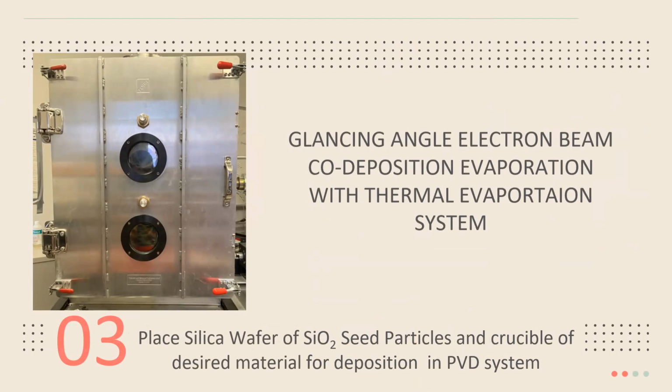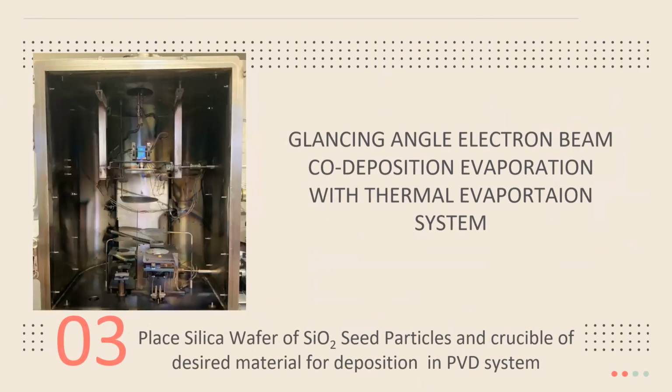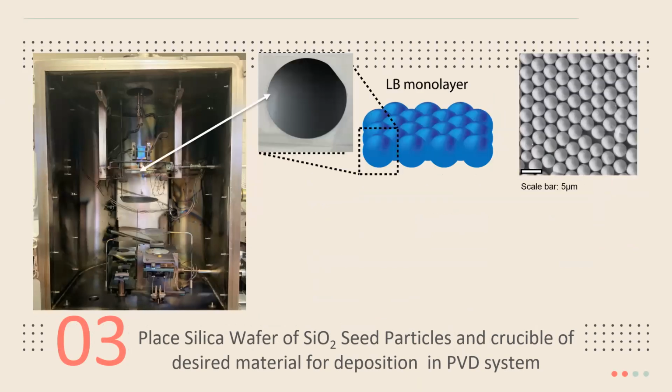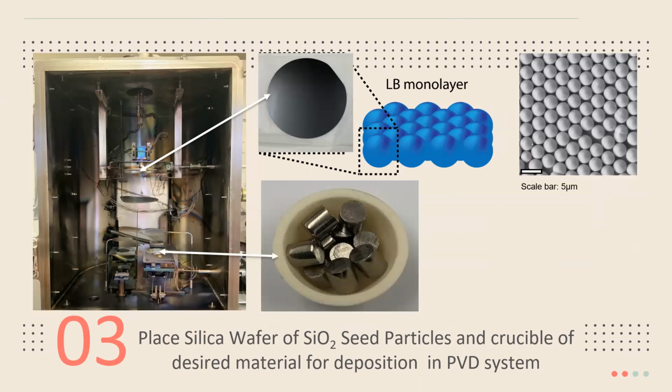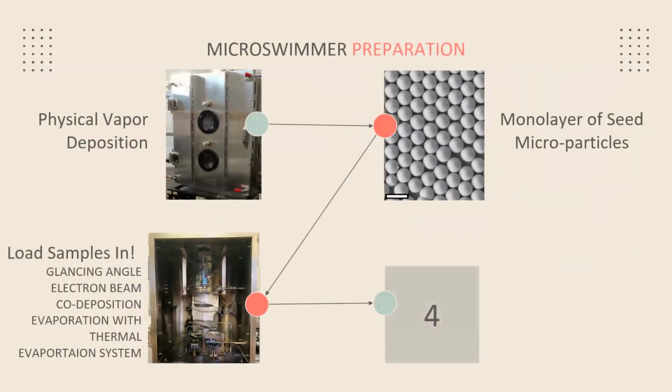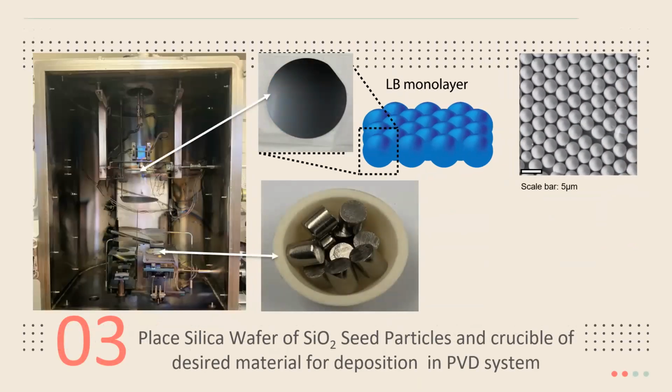But it's also a co-deposition with the thermal evaporator system. So when we open it up, we place our wafer at the top, because this is all in a vacuum-sealed chamber. So we place our silica wafer at the top, place our desired material in our crucible at the bottom, and then we start a deposition process.